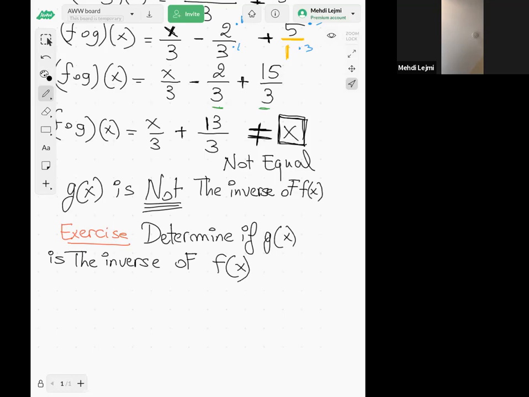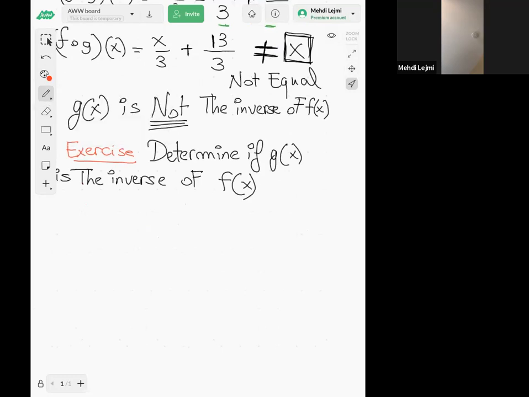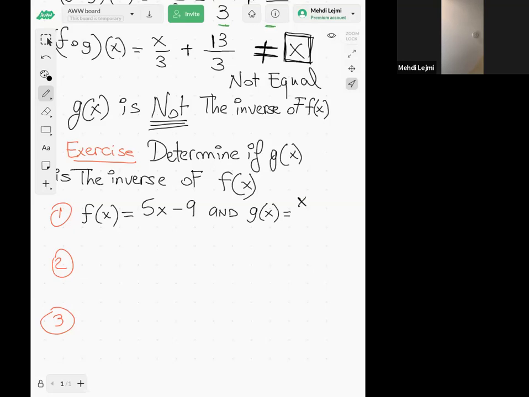There are numbers 1, 2, and 3. Number 1: f of x is 5x minus 9, and g of x is x plus 9 over 4.